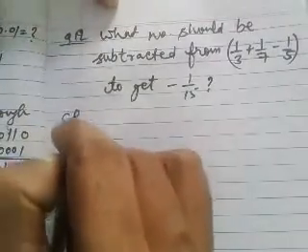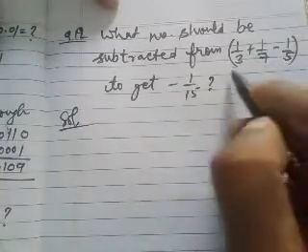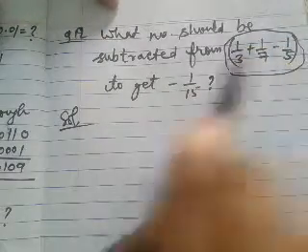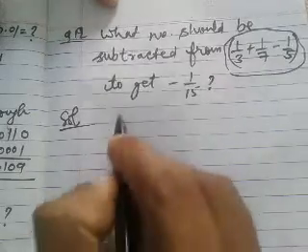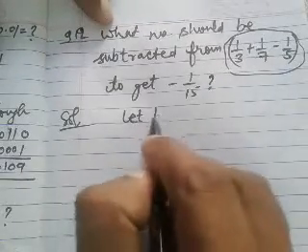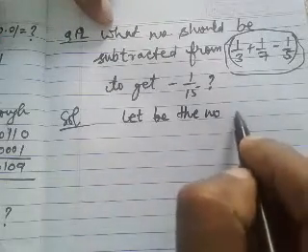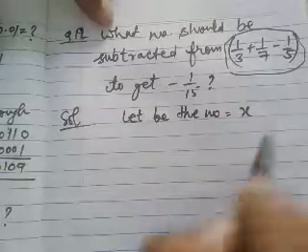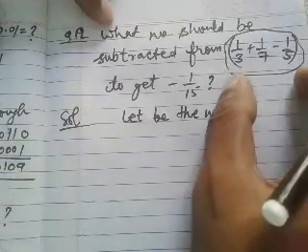In this case, solution, how can we find this? What number should be subtracted from this value? Let the number be x, which will be subtracted from this expression.